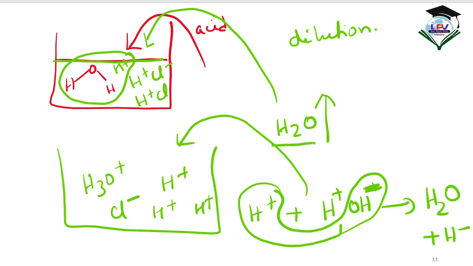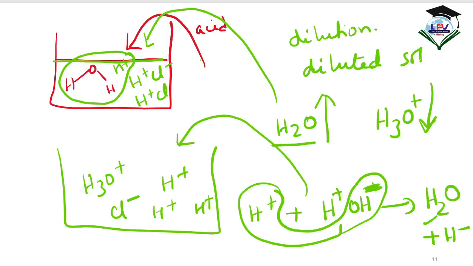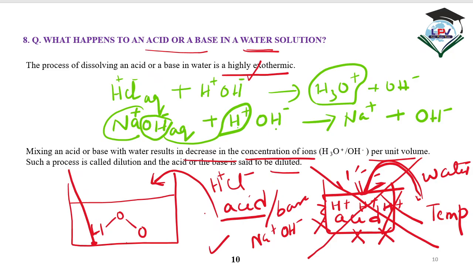As more and more water is formed, the hydronium ion concentration keeps decreasing. As the hydronium ion concentration decreases, the solution is called a diluted solution. I hope you have got some understanding about what happens when acid is put in water solution.